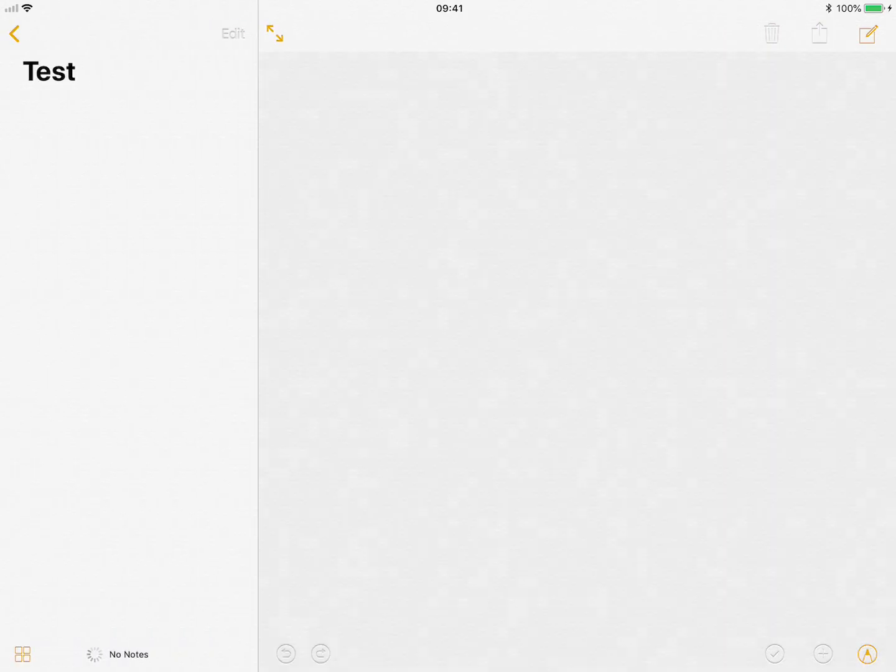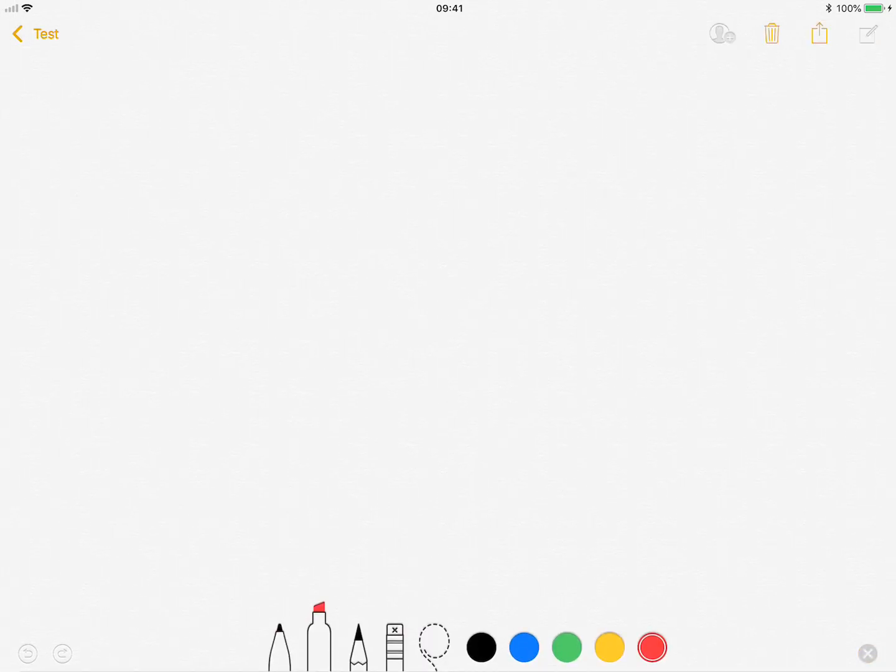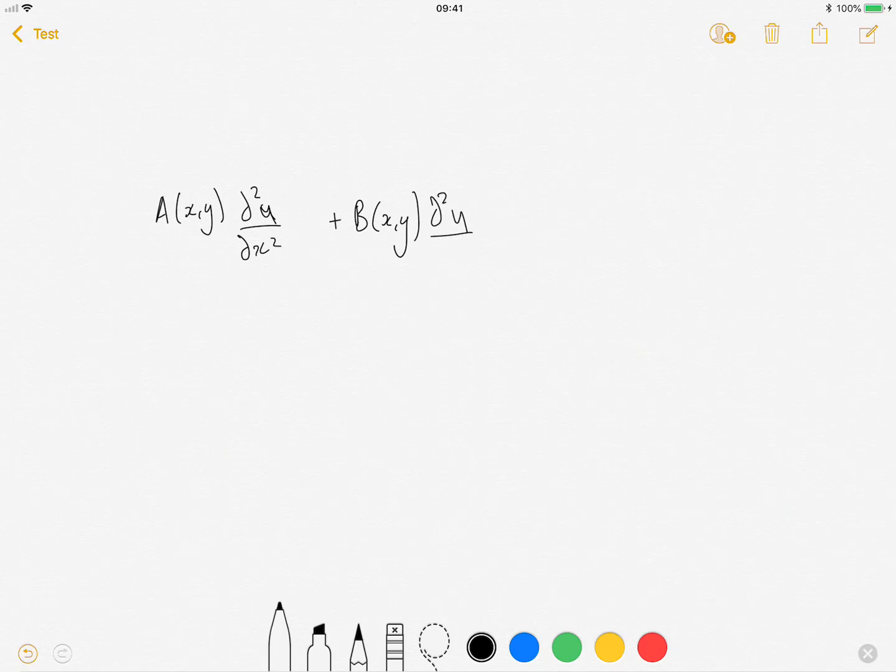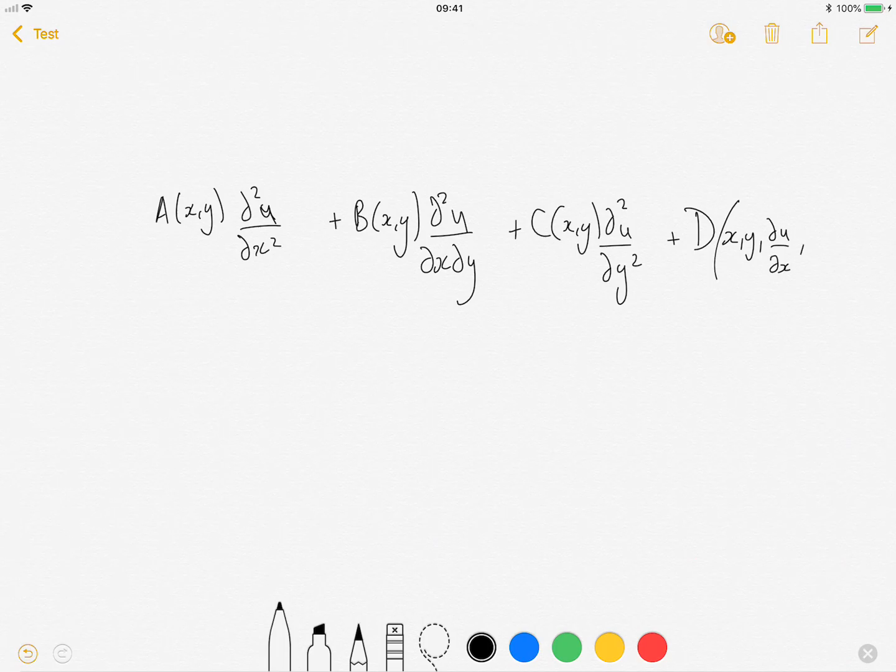All right, so in general, we can write a second order linear partial differential equation as a(x, y) multiplied by d squared u dx squared plus b(x, y) d squared u dx dy plus c(x, y) d squared u dy squared plus d, which could be a function of x, y, du dx, du dy, and u.